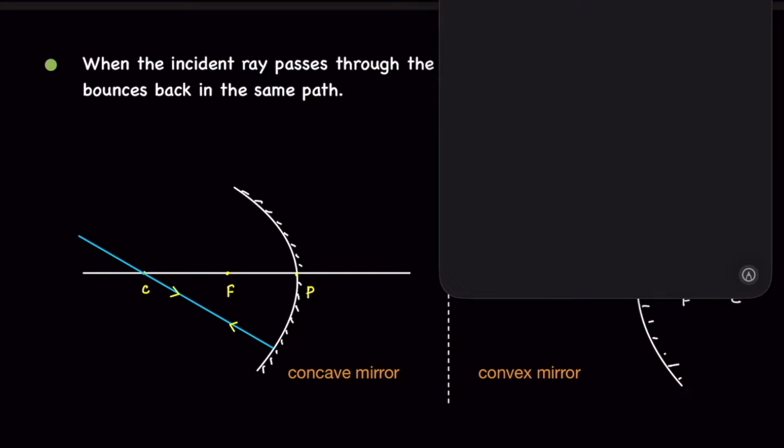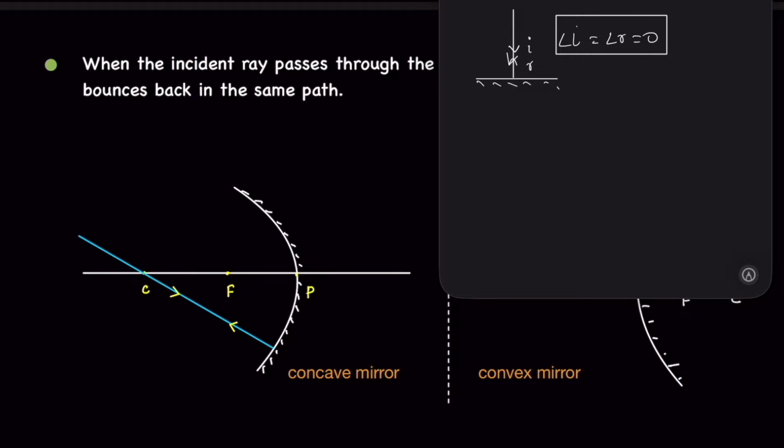We know that if we have a plane mirror and the incident ray is perpendicular to the plane mirror, or incident ray is coinciding with the normal, the reflected ray will follow the same path in opposite direction. Why? Because angle I is equal to angle R and both are equal to 0 degree.